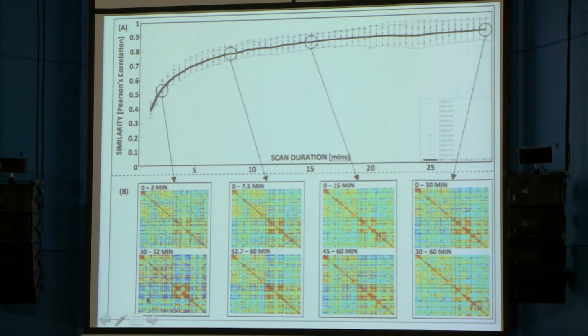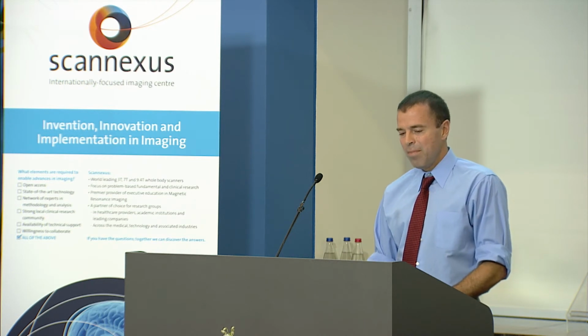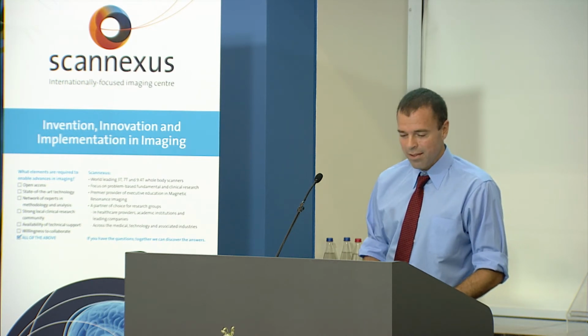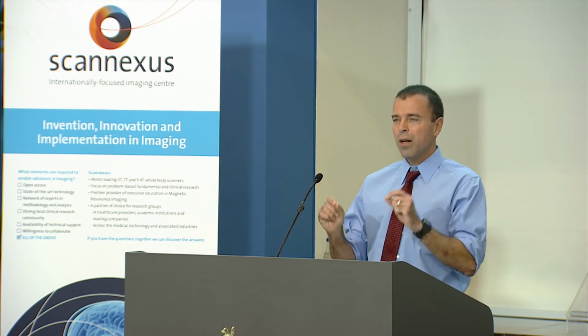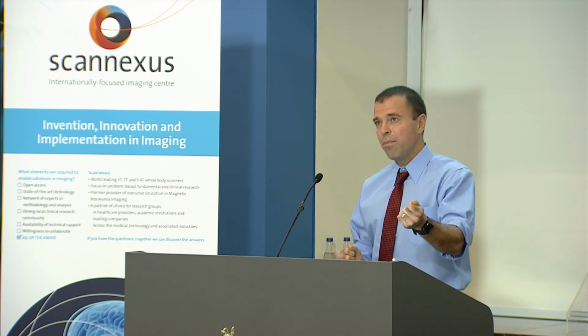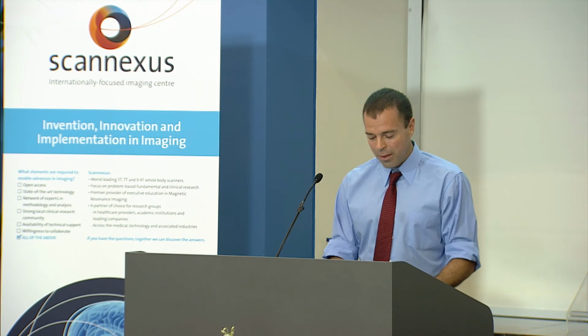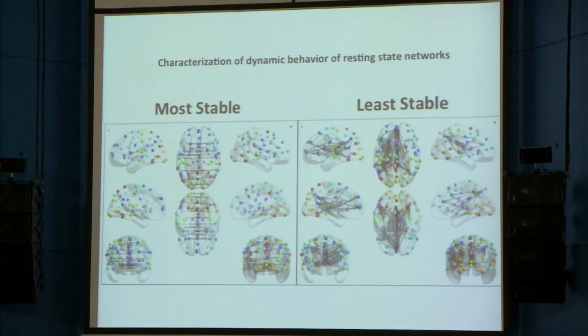So in some sense, this could be like a time constant for the whole brain, of how rapidly you change your state. On the order of 2 minutes, maybe it starts to change, on the order of 8 minutes, and so on. If we parse this down and look at the pairwise connections individually and find which ones change the most rapidly and which the least rapidly, this is basically a map of the pairwise connections.